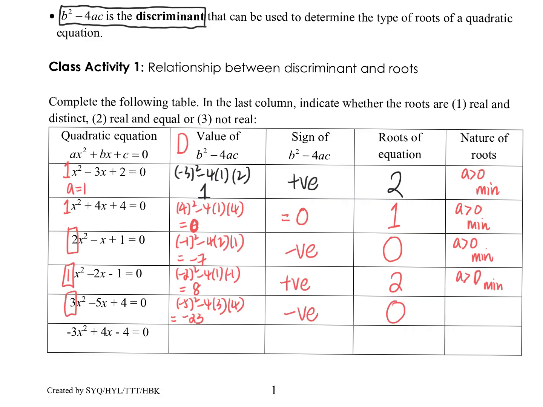Because this is positive, it's a minimum curve. So if you want, you can draw. Draw a U, not a V. Then this one, b square minus 4ac. What is it? Minus 48. Negative 24, is it? Count.